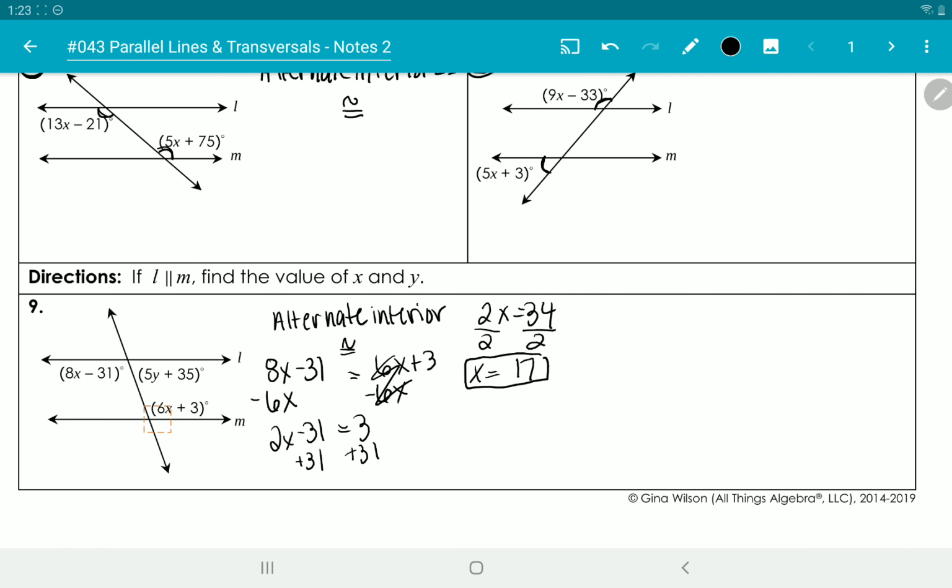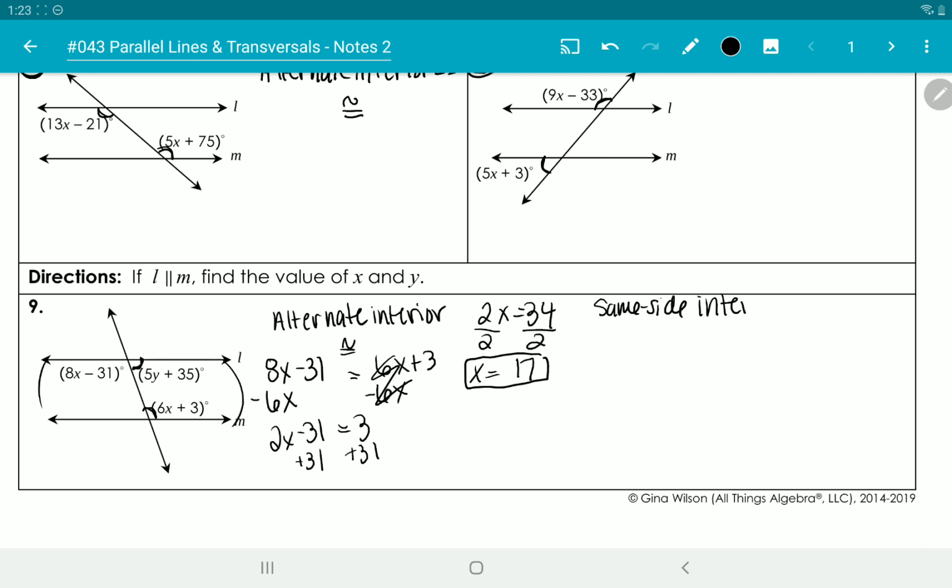So let's go ahead and use these two angles. You can use the one with y with the other one, whichever one you want. But we can go ahead and say, okay, these are on the same side of this transversal on the right, and they are in between these parallel lines.